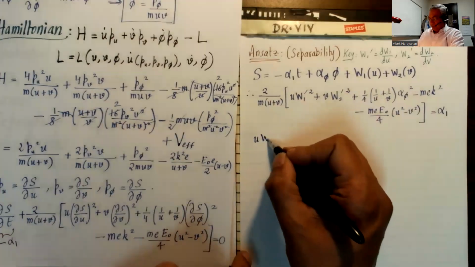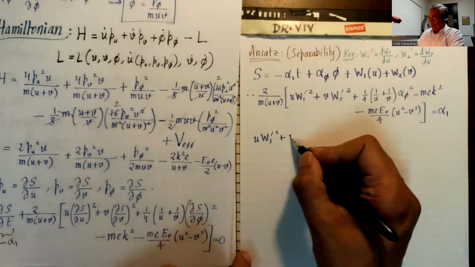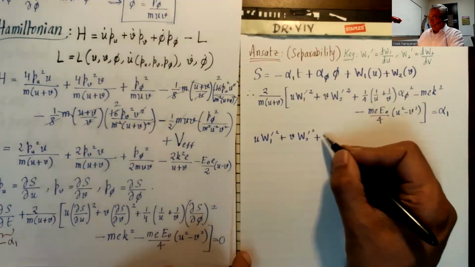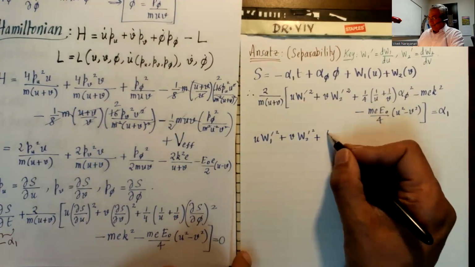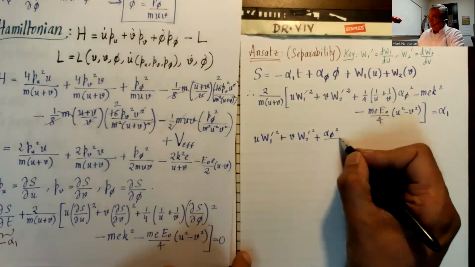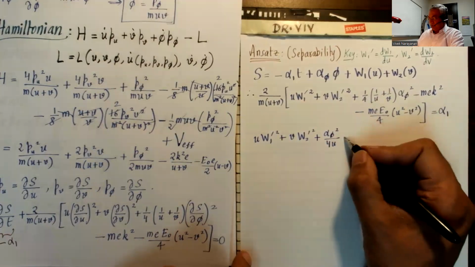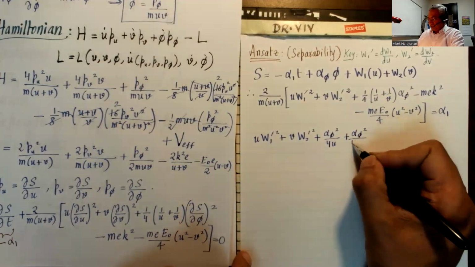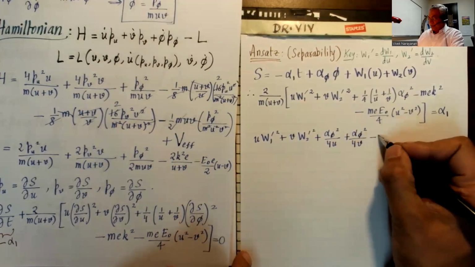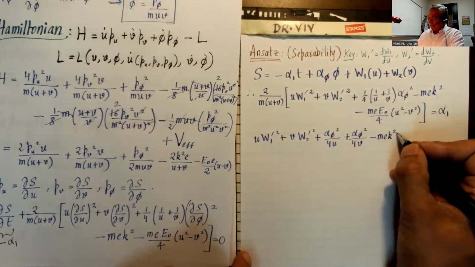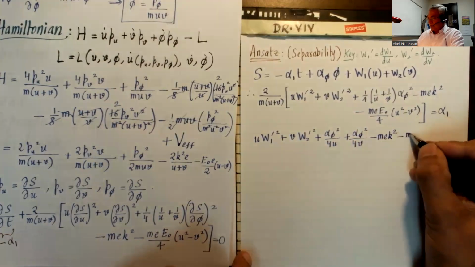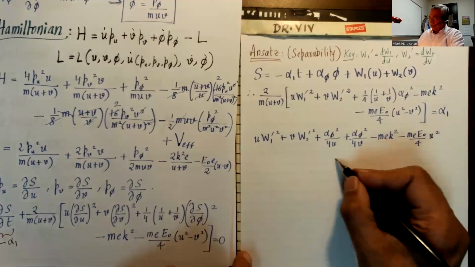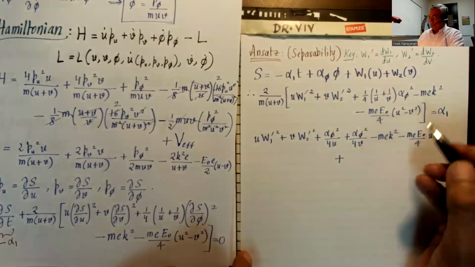So I get u w1 prime squared plus v w2 prime squared plus alpha phi squared over 4u. I'm going to simplify everything down to the most basic terms. And then I get minus or plus.